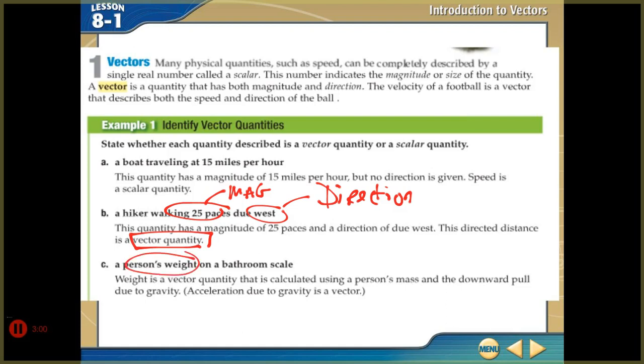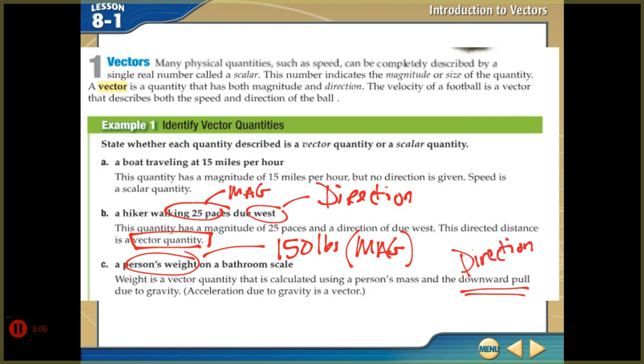We have a person's weight, let's say they're 150 pounds. That's their magnitude. Now, we're not specifying explicitly the direction, except we know that our weight is our downward pull, right? It's that gravitational pull from the Earth downward. So since there's a downward component, that's the direction. And since we have magnitude and direction, this is going to be a vector quantity.